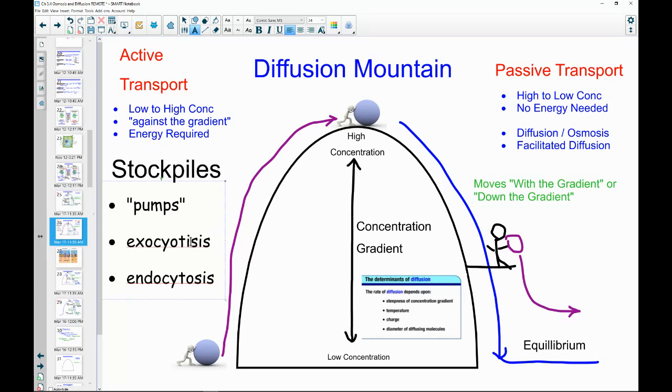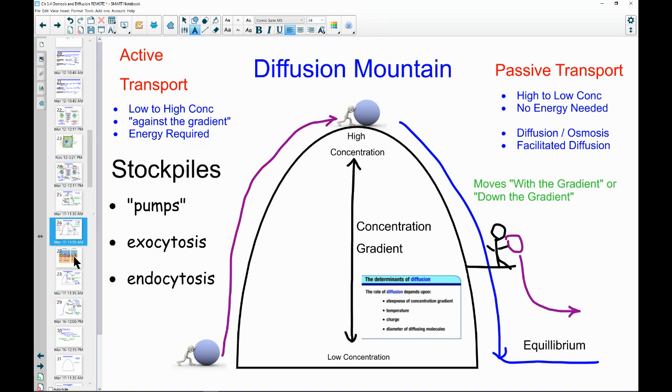Again, you're stockpiling. You're taking a whole bunch of insulin, or whatever the molecule is that the cell's producing, and you're putting it into a vesicle so that you can move it around the cell or move it out of the cell. So let's just fix our spelling here. Computer's a little laggy. Okay, so those are some examples of active transport processes, whether using a sodium potassium pump, hydrogen ion pump, or an ATP pump, however you want to refer to that, exocytosis, endocytosis.